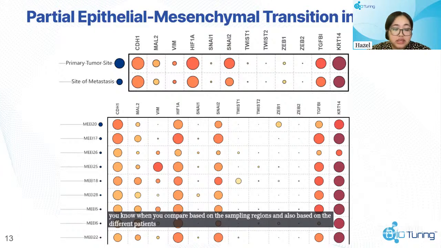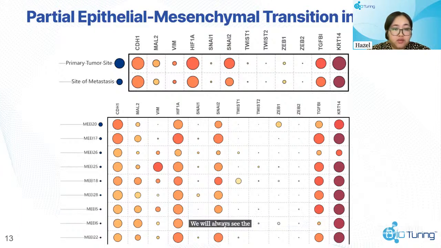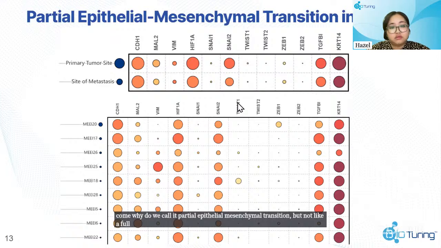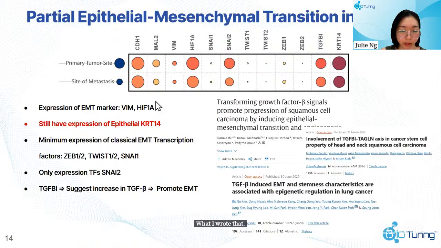We always see the presence of epithelial mesenchymal transition, or EMT. However, why do we call it partial epithelial mesenchymal transition, and not a full one? Yeah, so let me go deeper into exactly the expression levels that we're looking at here.